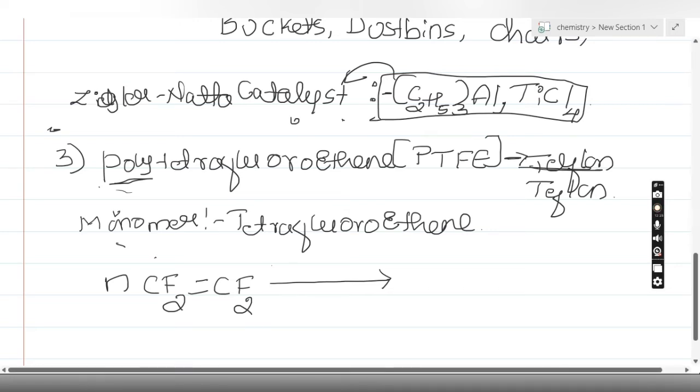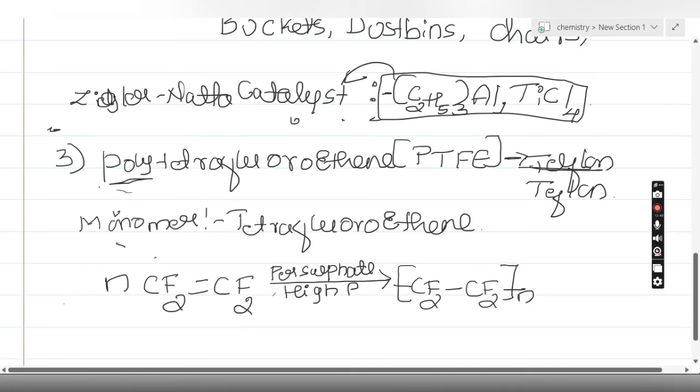We are using a persulfate catalyst under high pressure. As you know, the CF2 double bond will become a single bond, and the chain continues on either side and becomes how many molecules?